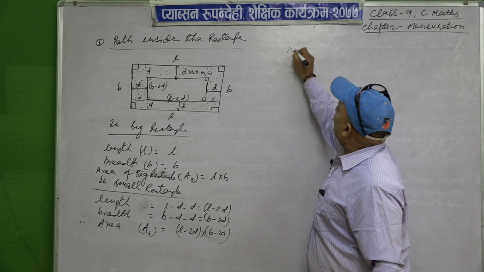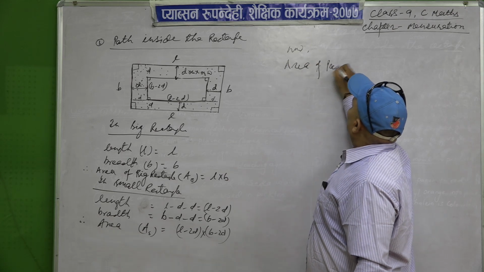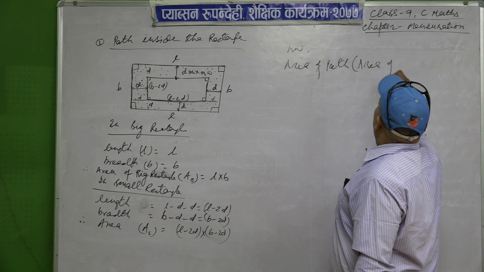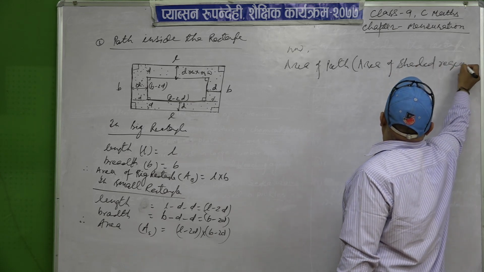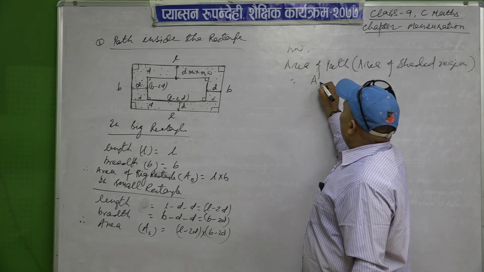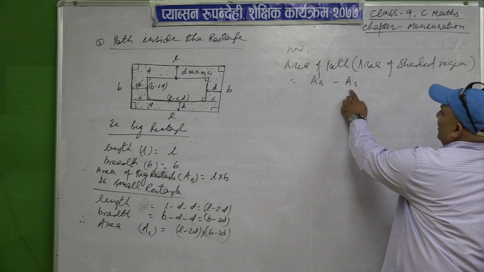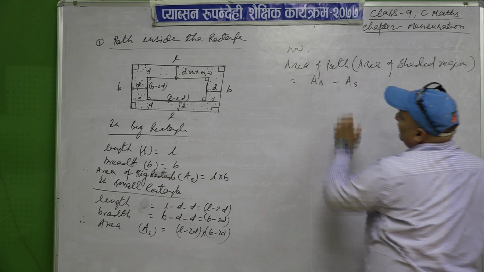Now, the area of the path or area of the shaded region. Yesterday we have used shaded region is AB minus AS, means we subtract the area of the small rectangle from the area of the big rectangle.